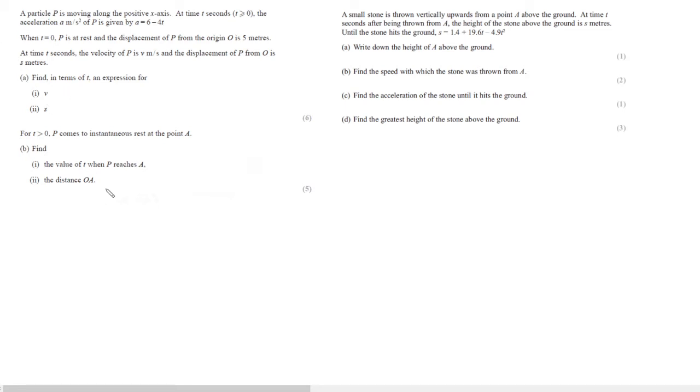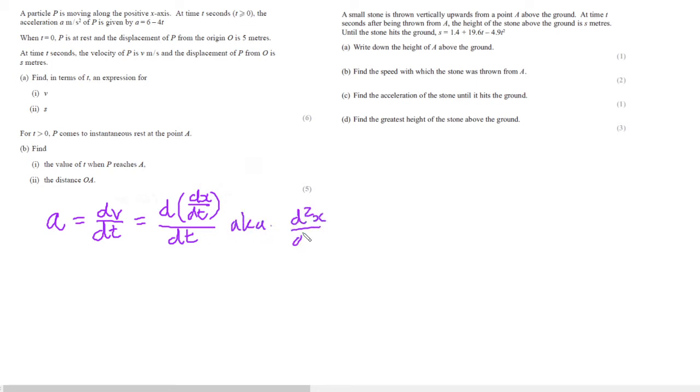So, a particle P is moving along the positive x-axis. At time t seconds, the acceleration of P is given by a is equal to 6 minus 4t. Now remember how the acceleration is the differential of velocity with respect to time, the change in velocity over time, which is equal to the change in displacement over time, aka d squared x divided by dt squared, or the second differential of x with respect to time.